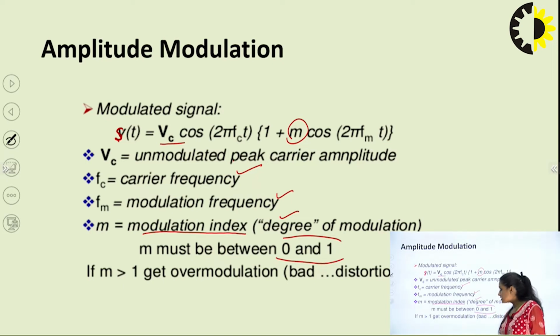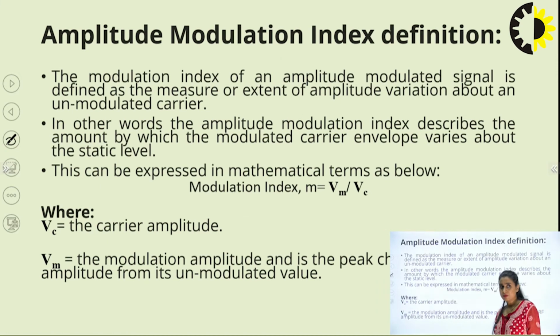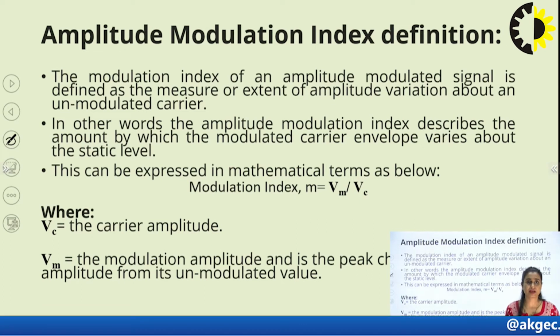So one thing we can see here, this modulated signal mainly consists of the frequency, which is my carrier frequency. So frequency shifting has occurred here. The modulation index of an amplitude modulated signal is defined as a measure or extent of amplitude variation.